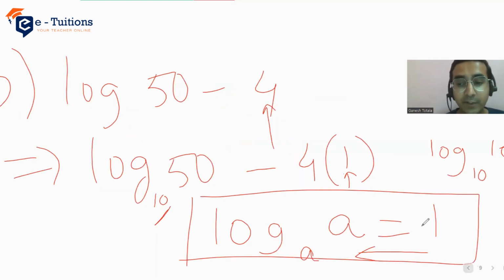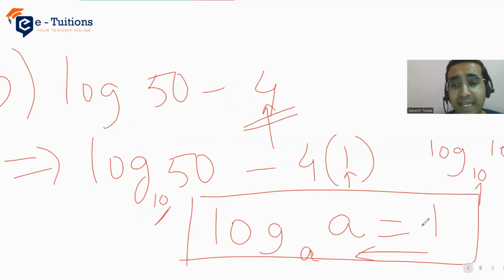So in this question, we came to know how to solve logarithmic terms with constants. Whenever there are any constants present, you can write that constant as that constant number multiplied by 1. Now this 1, you can write as log of a to the base a, which is always equal to 1.